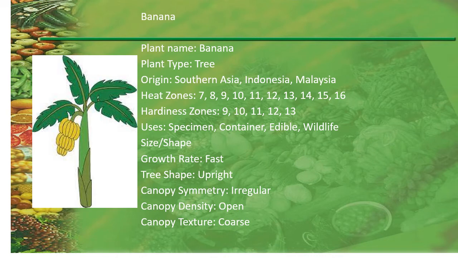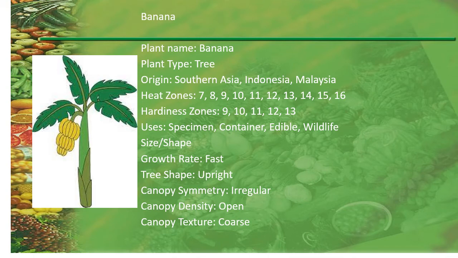Landscape information of banana. Plant name, banana. Plant type, tree. Origin, Southern Asia, Indonesia, Malaysia. Heat zones, 7 to 16. Hardiness zones, 9 to 13. Uses, specimen, container, edible, wildlife.